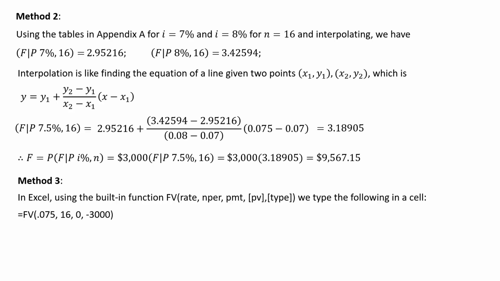It's a debit from my account, so that's why we have to say minus 3,000. And then Excel gives you a perfect number, positive 9542.38, which is exactly what we calculated using our method. If you put a positive 3,000 here, it will return negative 9542.38. So don't let that sign bother you too much. Just understand why it is doing what it is doing, and you are in good shape.